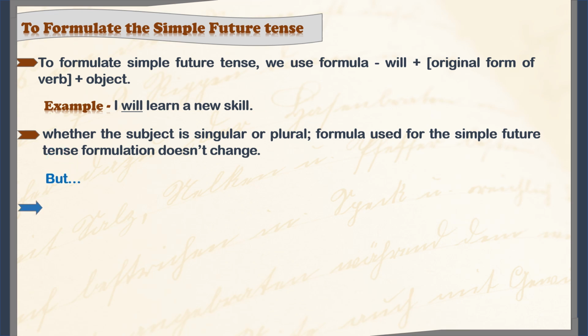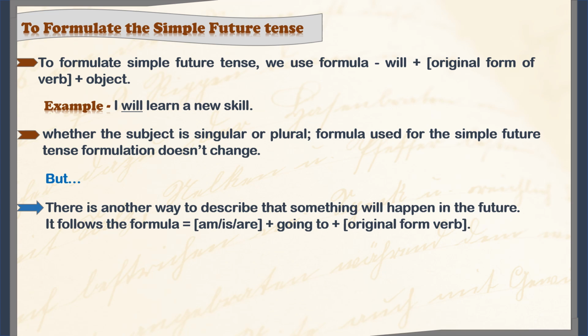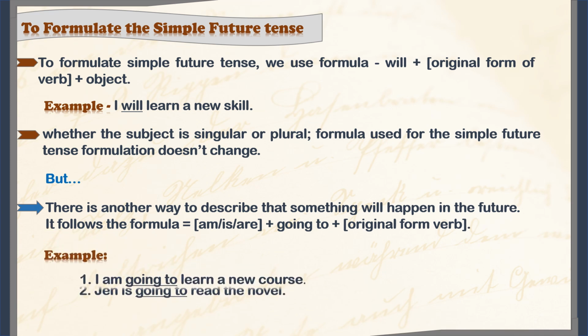But there's another way to describe that something will happen in the future. It follows the formula am, is, are plus going to plus original form of the verb. For example, I am going to learn a new course. Example 2: Jen is going to read the novel.